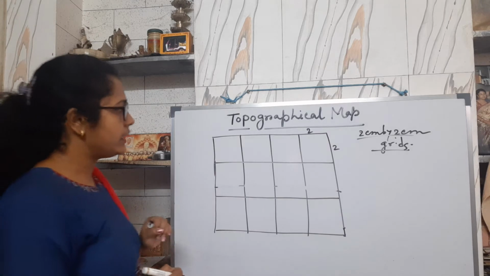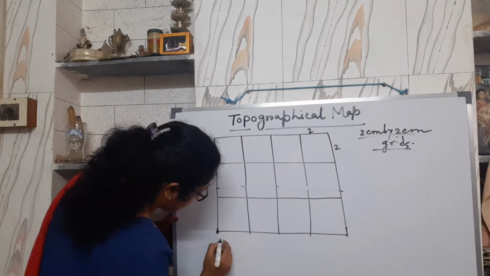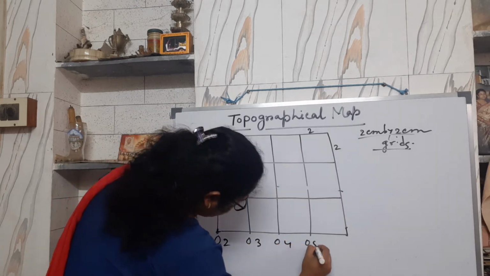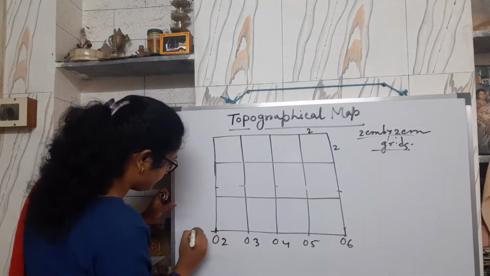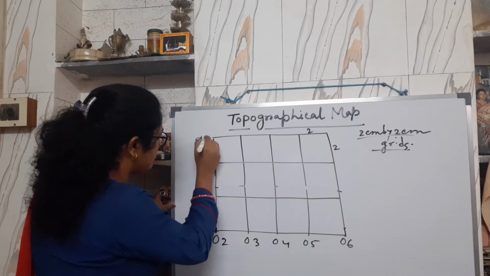Now suppose in the question on the 4-figure grid reference, I am giving a few eastings and northings. Suppose the eastings given are 02, 03, 04, 05 and 06, and here the northings given are 90, 91, 92, 93.